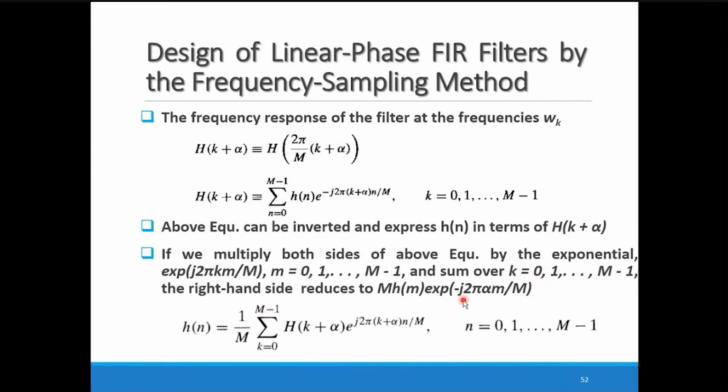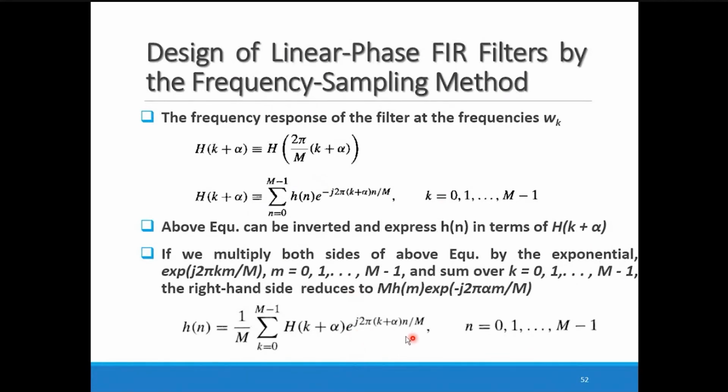So the inverse of this equation is written like this: h of n is equal to 1 by m summation from k equal to 0 to m minus 1 of H of k plus alpha into, as we are doing the inversion, the term moves to this side, so instead of the negative exponent you get the positive one, e raised to j 2 pi k plus alpha n divided by m.